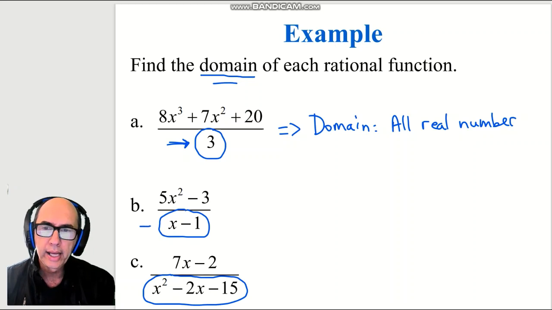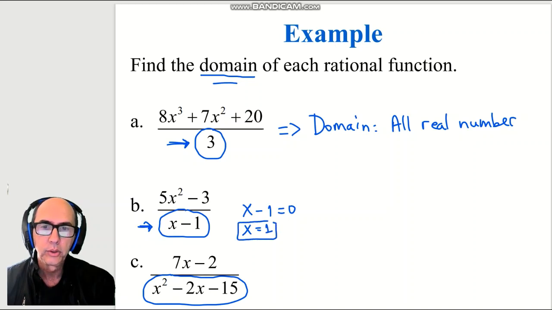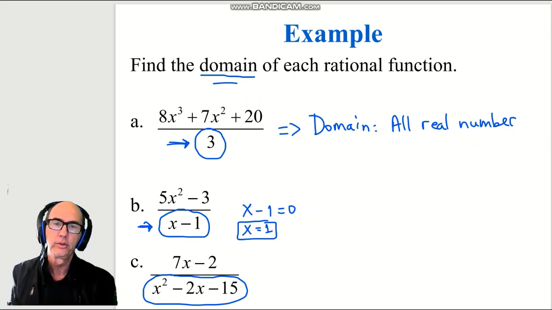What about x minus 1? What's the value of x that makes x minus 1 equal to 0? Think: x minus 1 equals 0, plus 1 on both sides, we have x equals 1. We cannot have x equals 1 in this function, or we will have the denominator equal to 0.